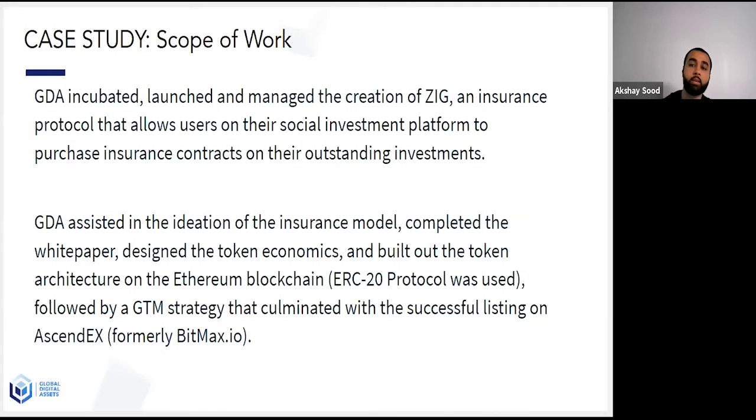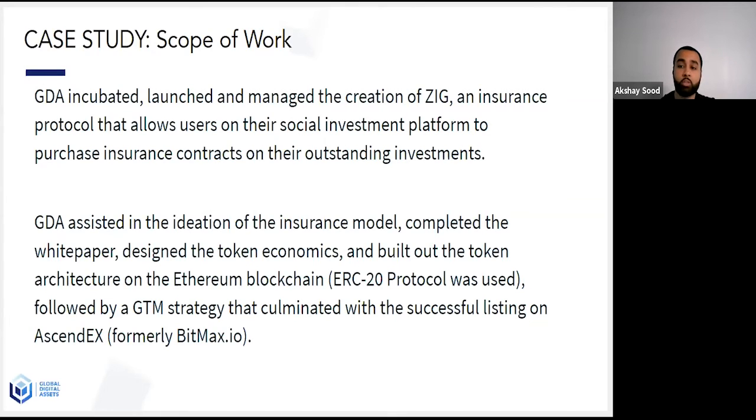Zignally wanted to look like a good investment platform for people that traditionally don't even put money in cryptocurrencies to begin with. They go for much safer investments, which yield lower returns, obviously, but much safer. And so implementing an insurance protocol complemented what Zignally wanted to do.